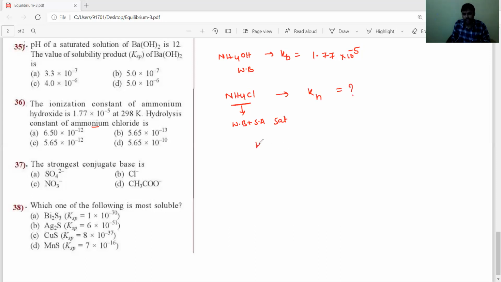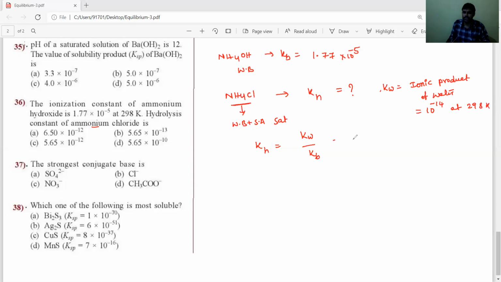For this kind of salt, Kh is equal to Kw by Kb, and Kw is nothing but the ionic product of water. The ionic product of water is equal to 10 to the power of minus 14 at room temperature, which is 298 kelvin.